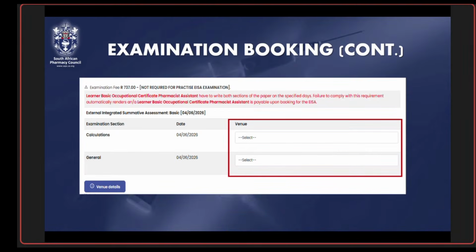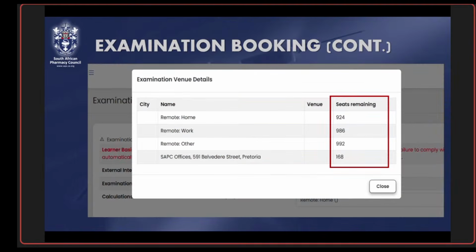So once you have selected the venue for both the calculation and the general section, you will be taken to this tab. You can see right now, at the time when we took the screenshot, you could still book under home, work, other, or SAPC because you still had available sittings for all those venues.